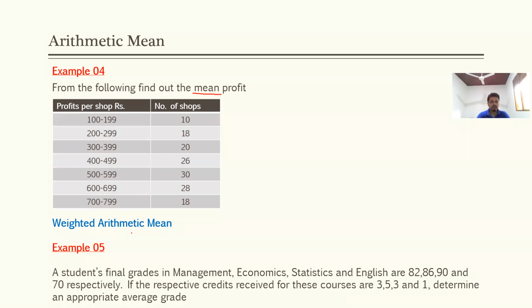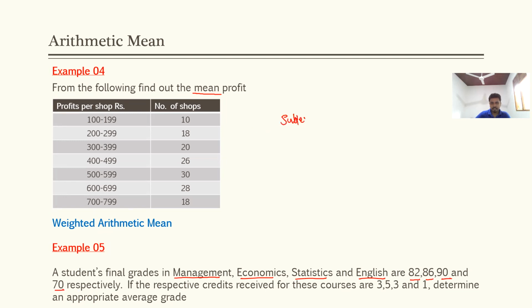See example number 5. A student's final grades in management, economics, statistics, and English are 82, 86, 90, and 70.